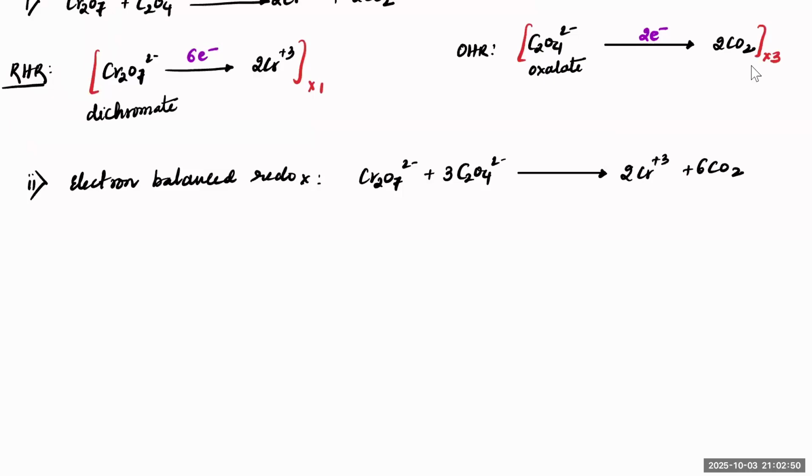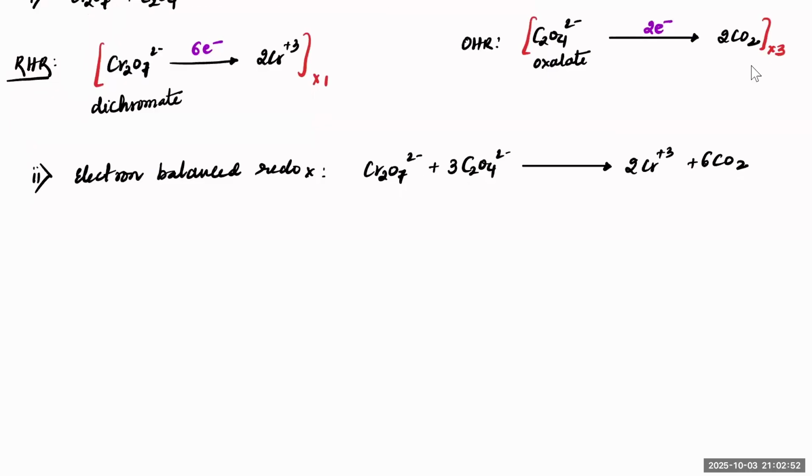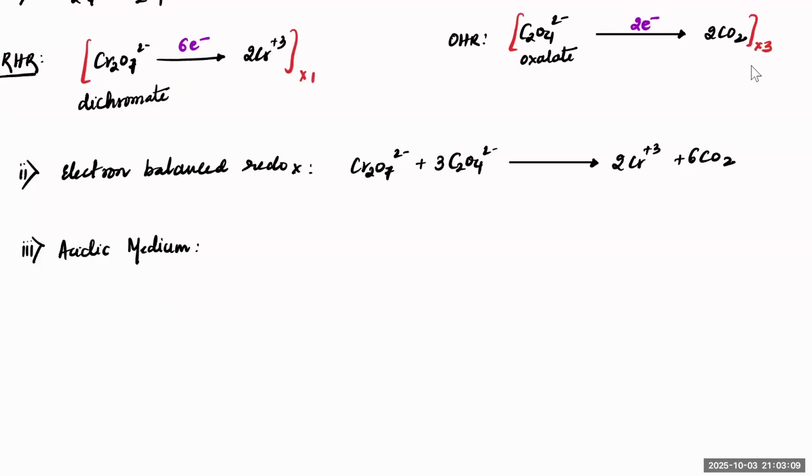So now, once you get this, you will have the electron balance redox. You got the electron balance redox. Now you read the solvent. Okay, it is acidic medium. So what did we learn in acidic medium? Always add water on the deficient side and H plus on the rich side. So I'll put that.